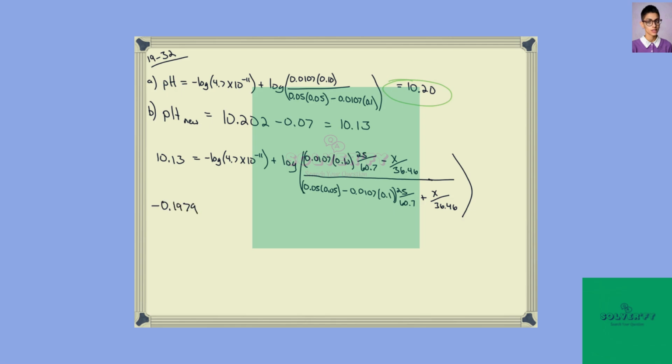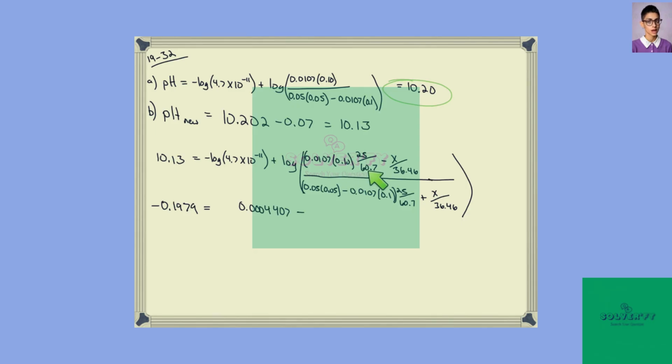If we go ahead and figure out the negative log of 4.7 times 10 to the negative 11 and subtract that from both sides, we'll get negative 0.1979. That will then be equal to the log of this entire ratio up here.